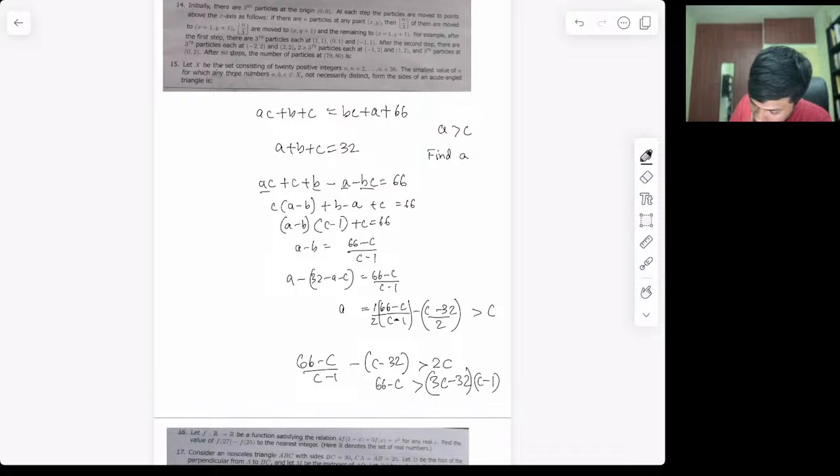So I want C to be as small as possible, right? So if C is larger than 10, also it's trivially true. But when will A be greater than C? That is a question.